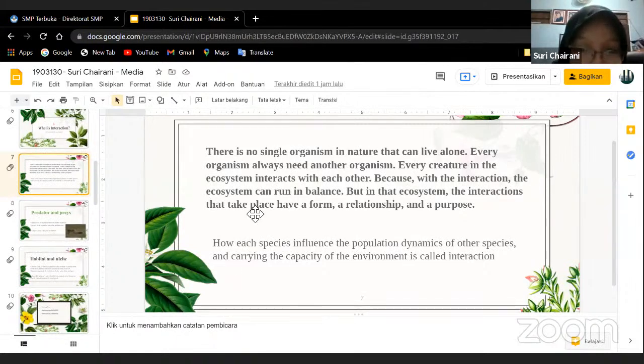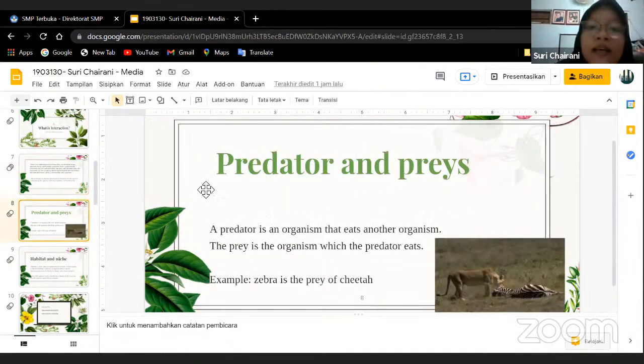How a species influences the population dynamics of other species and the carrying capacity of the environment is called interaction. So in this material, interaction is connected to the relation of population and its habitat. Then we jump to the next slide.